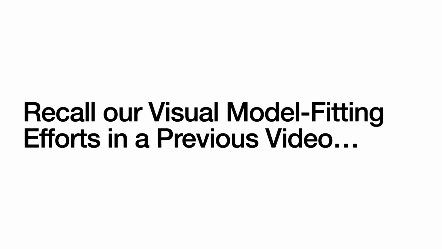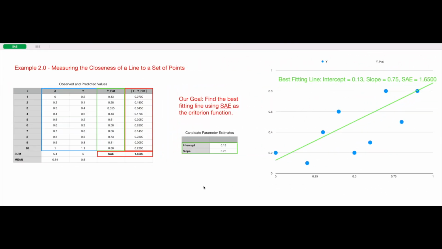Now recall our visual model fitting efforts that we did for this particular data set in a previous lecture video. Next, let's do the same thing using the sum of squares error as the criterion function. We start off again with our candidate line being horizontal with an intercept of 0.5, which is the mean of the response variable.